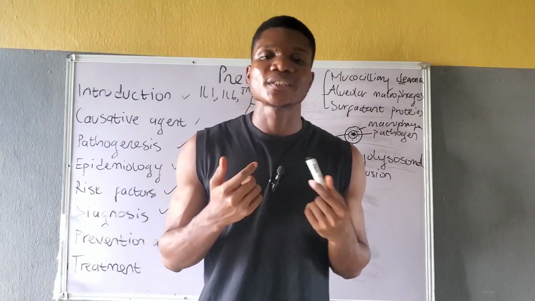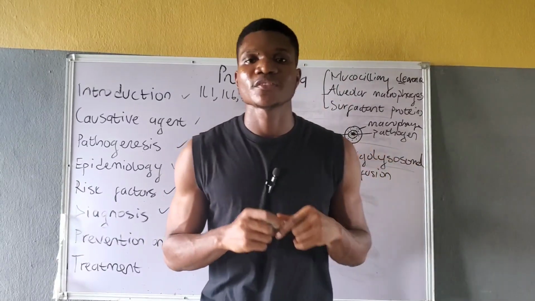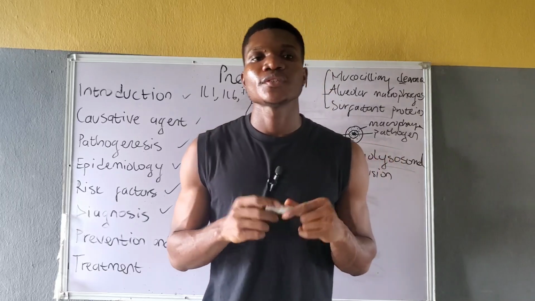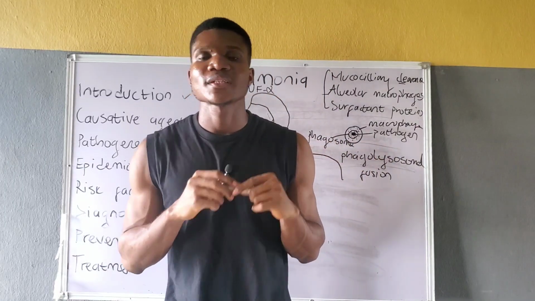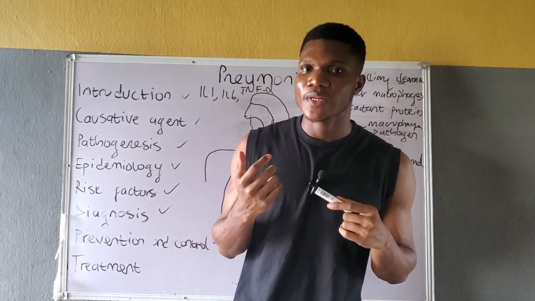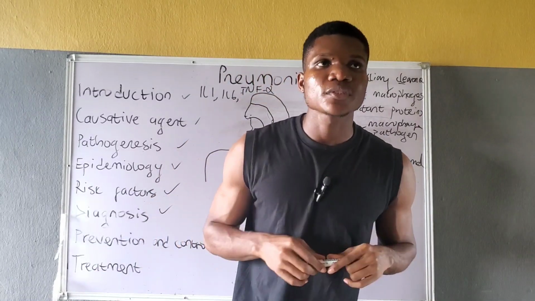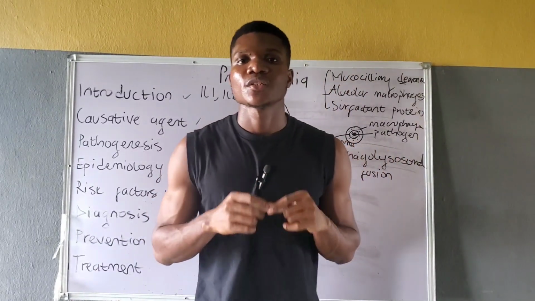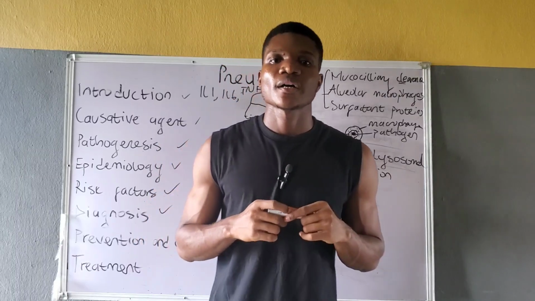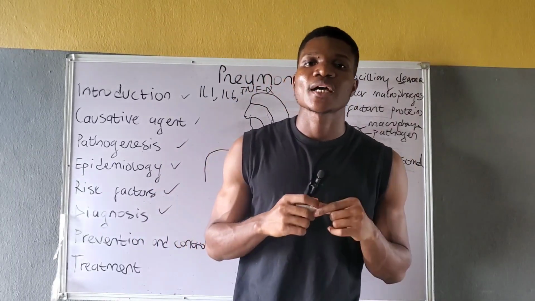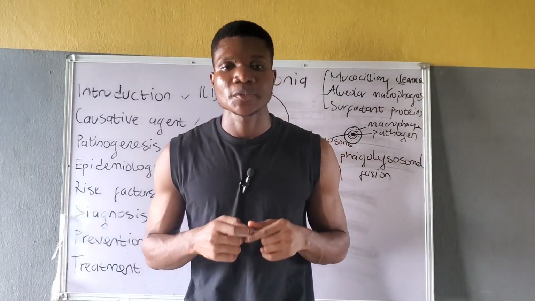These vaccines include the PCV13, PCV15, PCV20, PPSV23. Also, there is the influenza vaccine, usually given annually, especially for children. Also, Haemophilus influenzae type B vaccine is given to children as well. Also, the coronavirus or COVID-19 vaccine is given to children and adults as well.